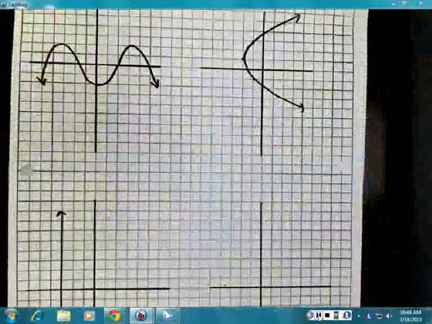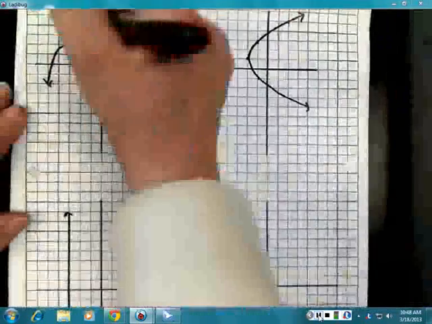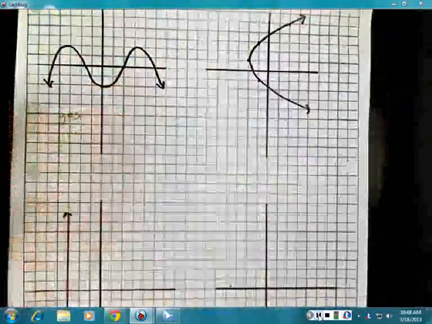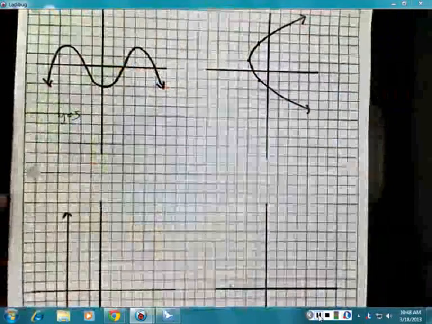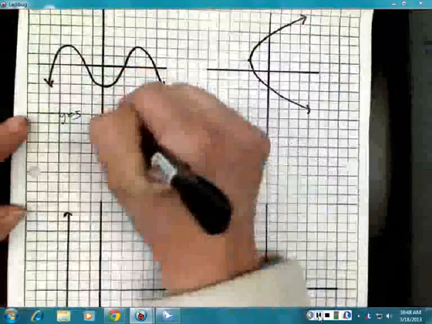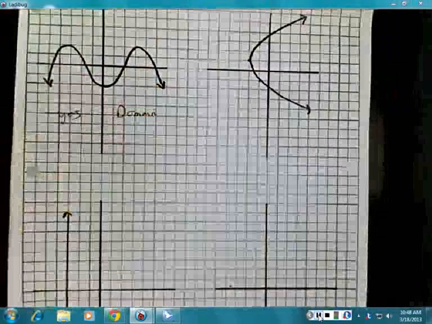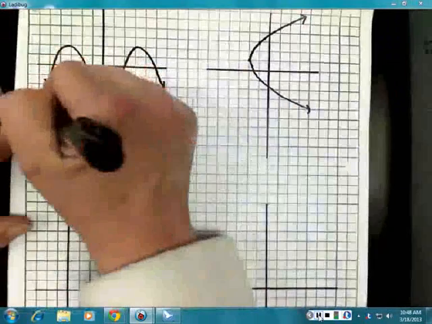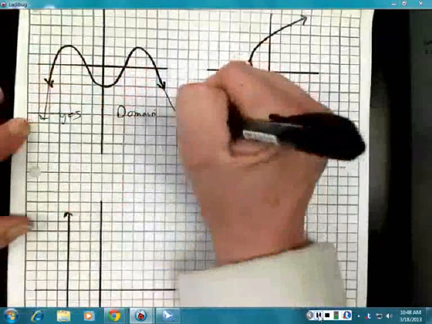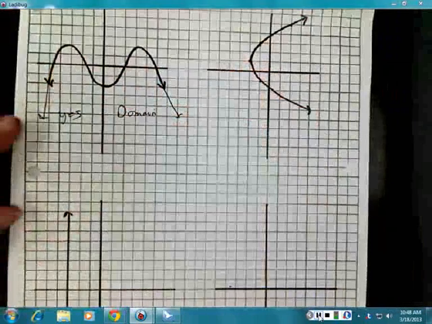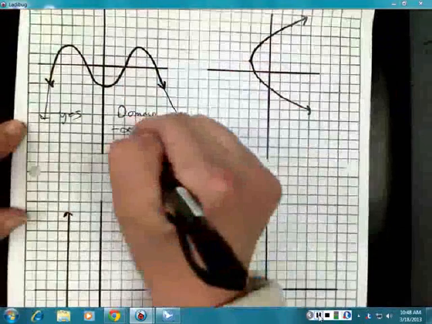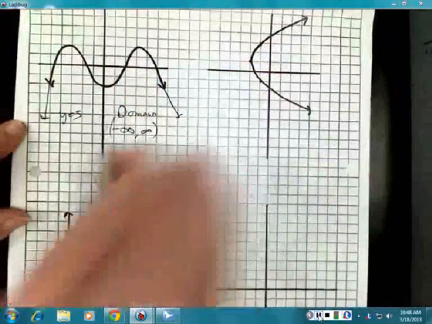Vertical line test. Is this a function? Yep, so it is a function. What's its domain? This goes on here and this goes on there, so from negative infinity to positive infinity because it never ends.